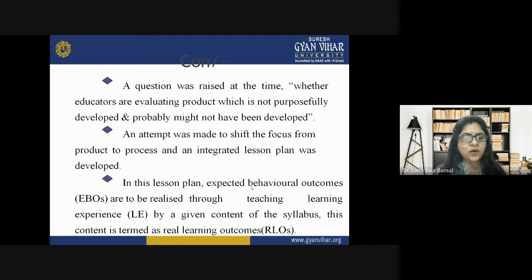In this lesson plan, expected behavioral outcomes are to be realized through teaching and learning experiences by a given content of the syllabus. This content is termed as real learning outcomes.